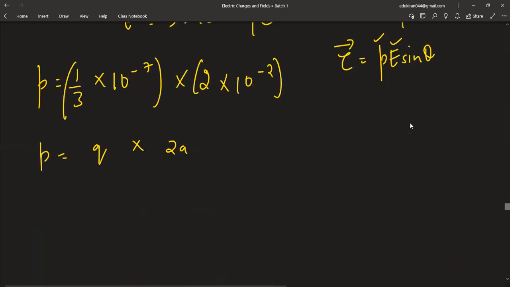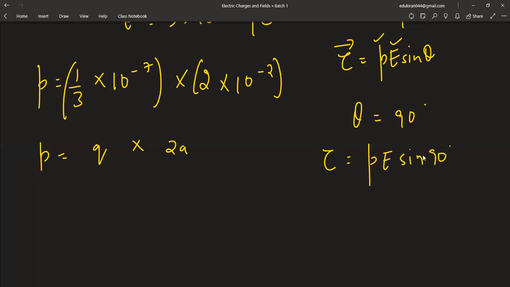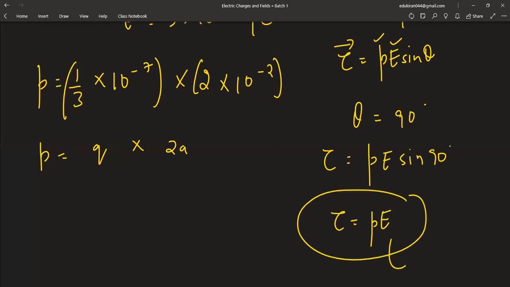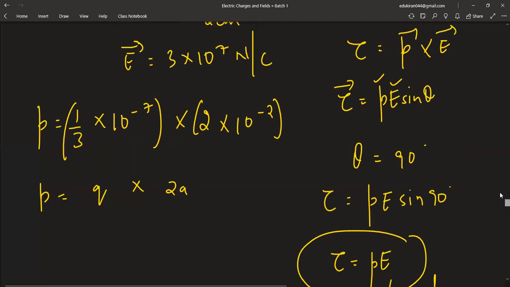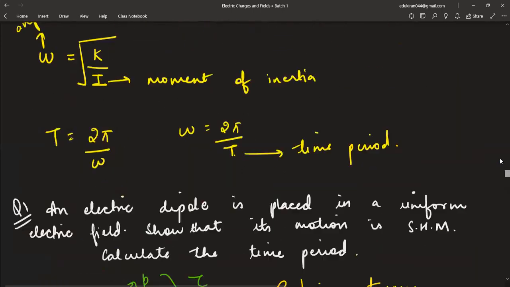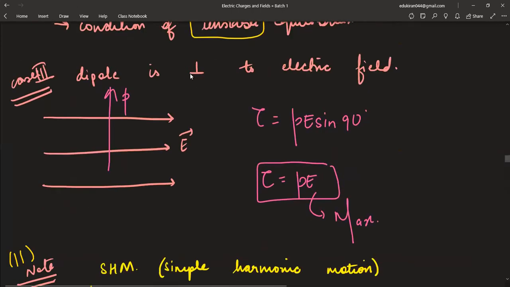So here you should already assume that theta is 90 degrees. Then only PE sine 90 degrees, because sine 90 is 1. So torque will be PE, and this gives you the maximum torque. See class, that's why we have studied all those special cases. Remember, when the dipole is perpendicular to the electric field, torque is maximum.